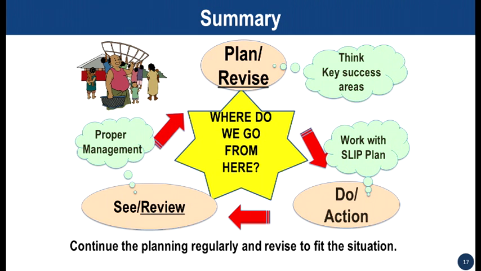You can see the arrow pointing down. Do the action. Next, we review our plans, and then through making adjustments, we plan again, and it continues. Continue the planning regularly and revisit to fit the situation.